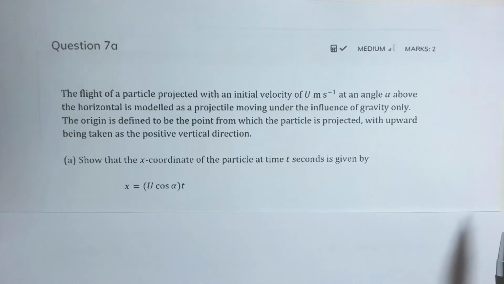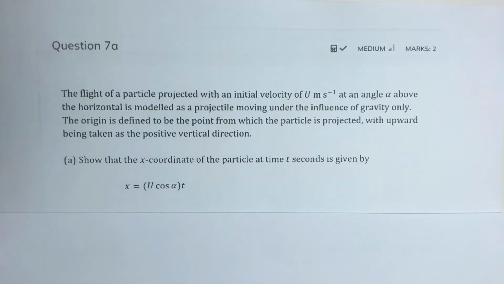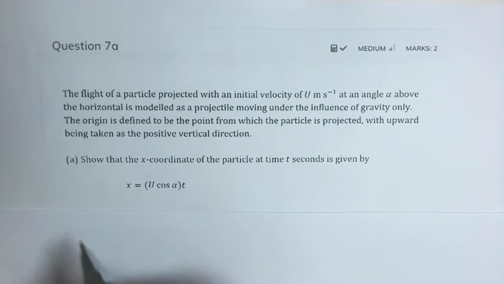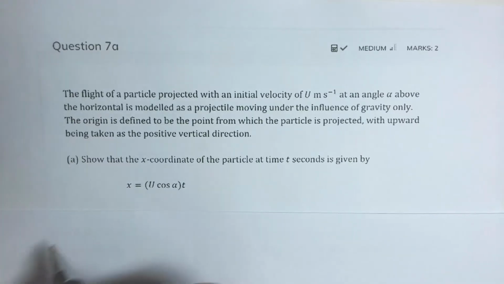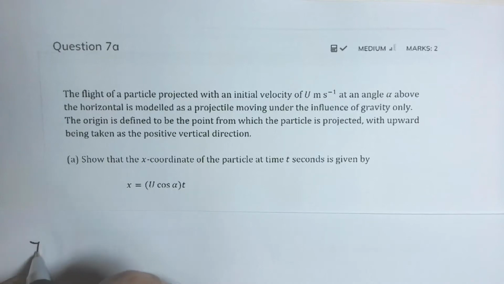Show that the x coordinate of the particle at time t seconds is given by x equals u cos alpha t. So this is sort of what you do every time you deal with one of these projectile problems. This is trivial, part A. So this is 7A.